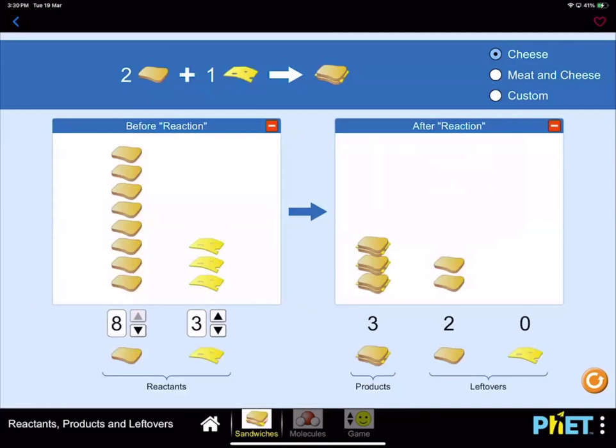It means the bread right now becomes in excess, and because of the lack of a cheese slice, we are not able to make the 4th sandwich, right? So the cheese slice is the limiting reactant. Is this understandable? Yes, sir. Is it clear to all of you? Saad, Aisha?